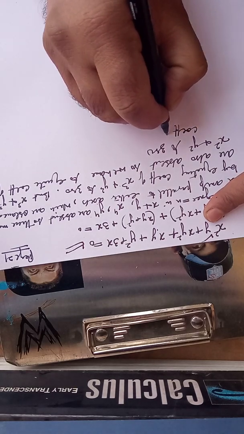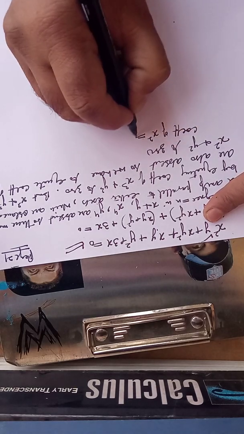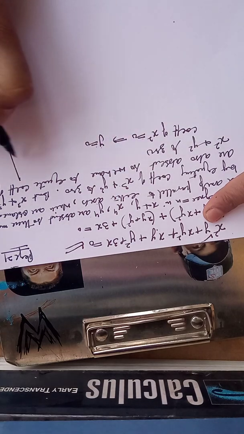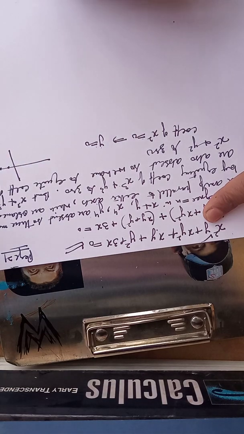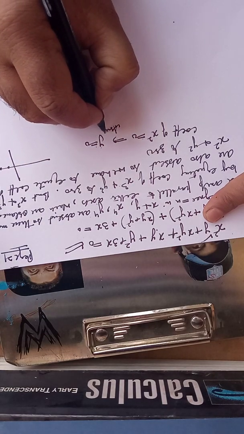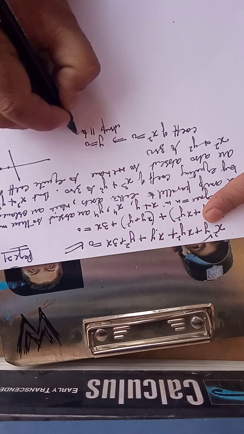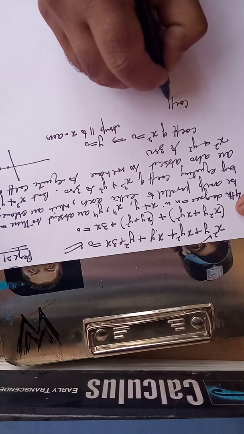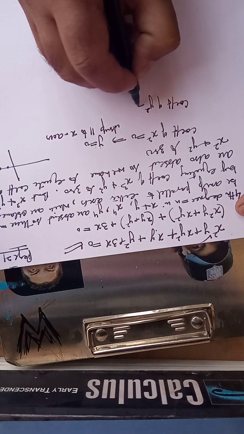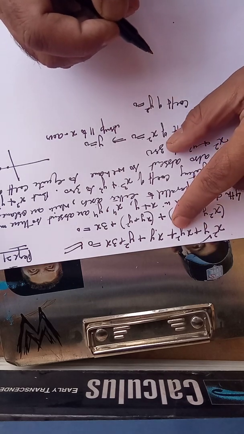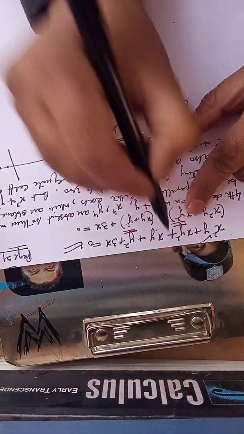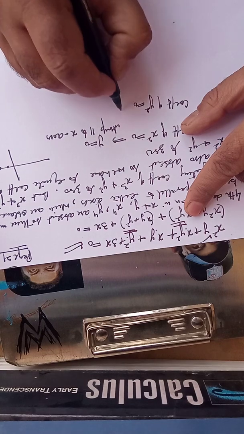Coefficient of x square equal to 0 means y equal to 0. You know why y equal to 0? It is x-axis. So, this is an asymptote parallel to x-axis. Simple. Coefficient of y square equal to 0. Now y square. Here it is y square and here it is y square. The coefficient is x plus 1.